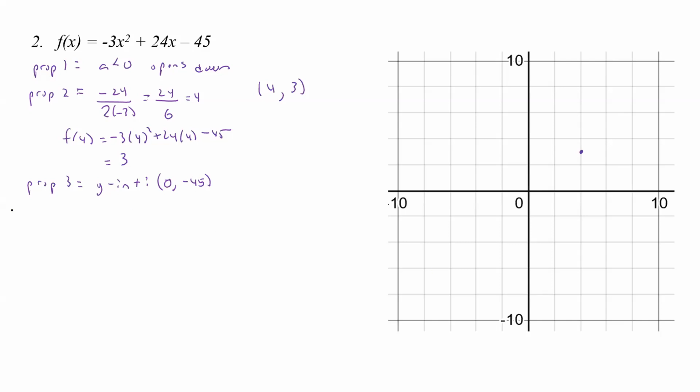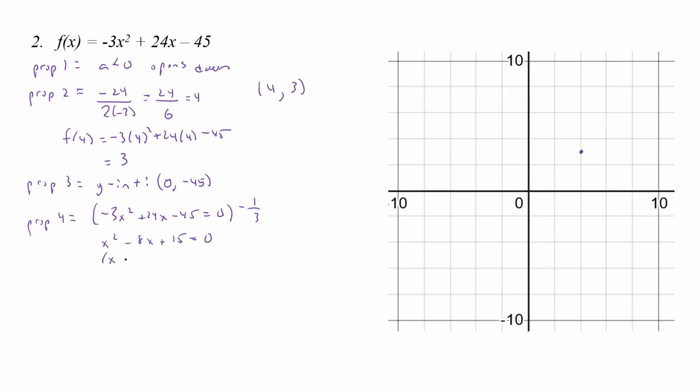Okay. Well, what about property 4? All right, so this one is when we set this equal to 0. So -3x squared plus 24x minus 45 equals 0. Now I see that there's a factor of 3 in each of these, so I'm going to multiply by -1/3. That way I get a positive here, and I also end up with a 1. So that gives me x squared minus 8x, and then plus 15 equals 0.